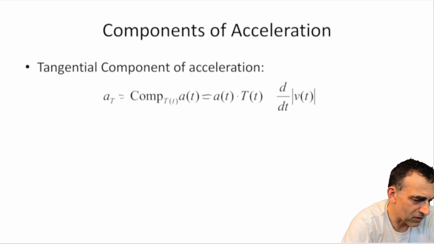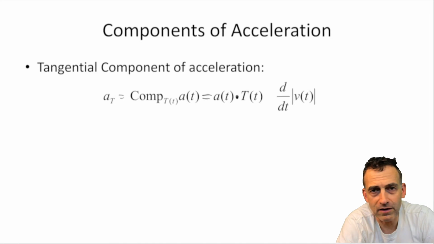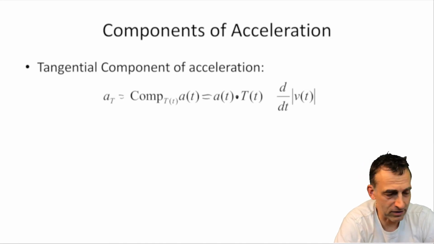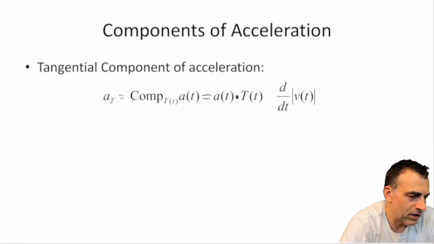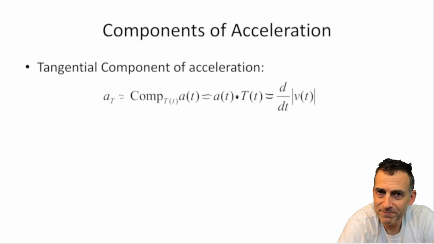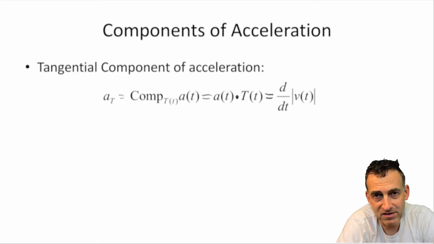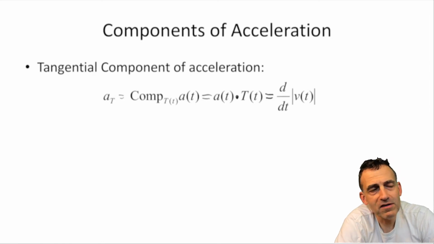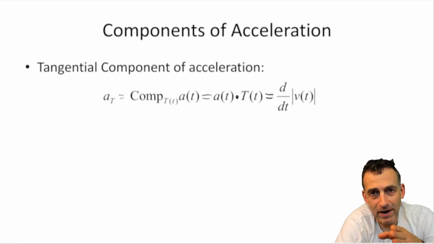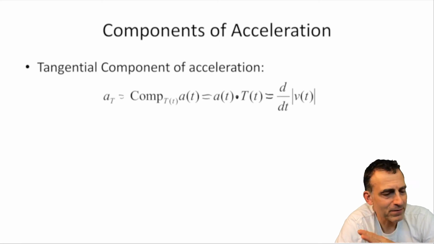You can also get this by doing the dot product of the acceleration with the unit tangent vector, but those are all difficult. So this last one is the easiest. It's just the derivative of the speed. This is how fast you're accelerating or decelerating. It's the derivative of speed, right?